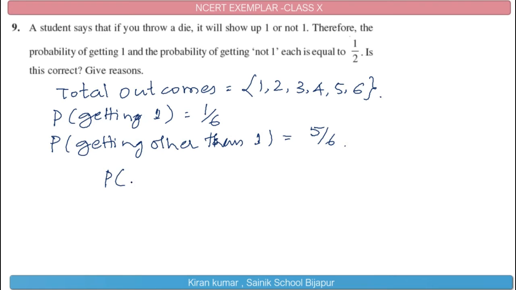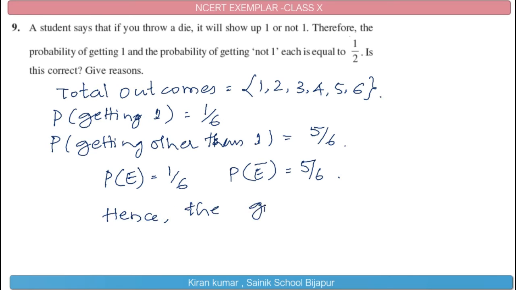So probability of event is 1 upon 6. Probability of not an event is 5 upon 6 here. So they are not same. Hence, the given statement is incorrect.